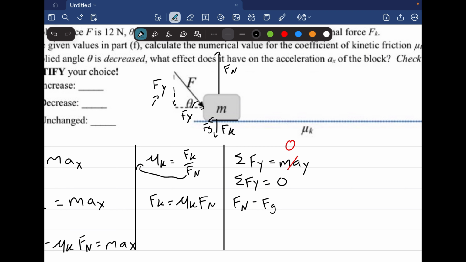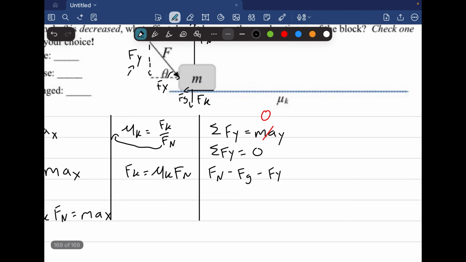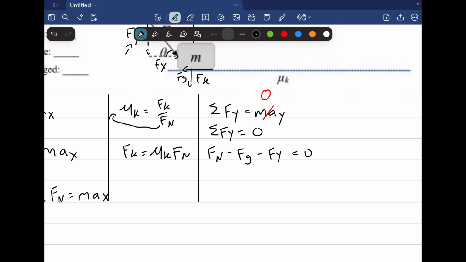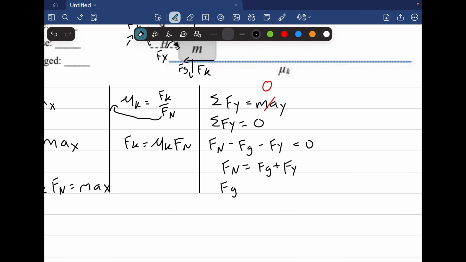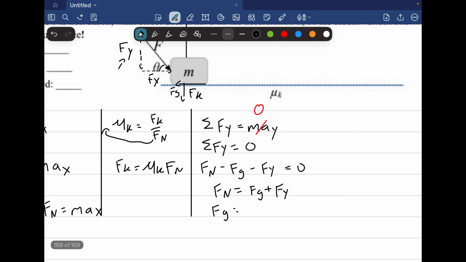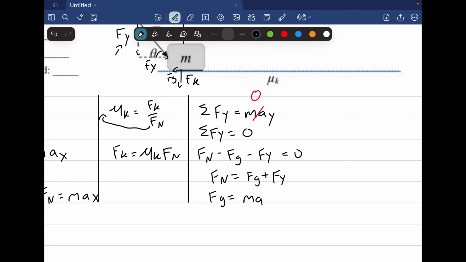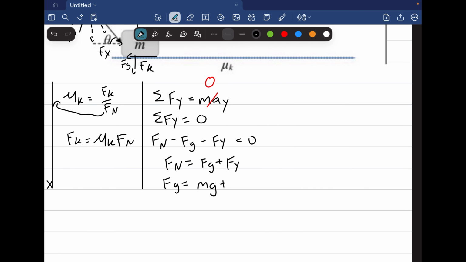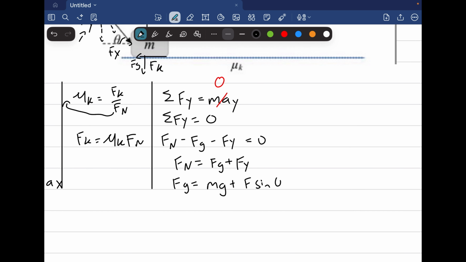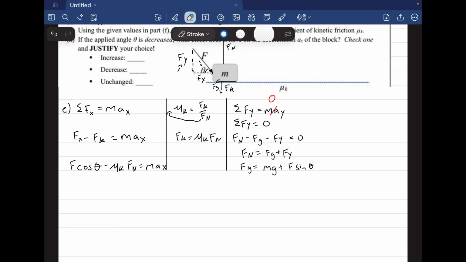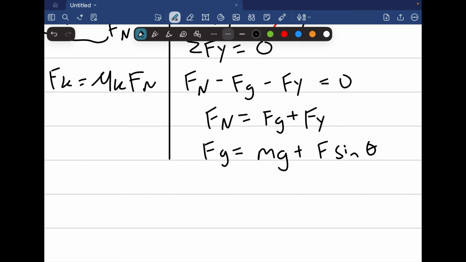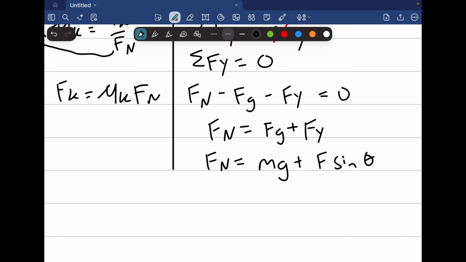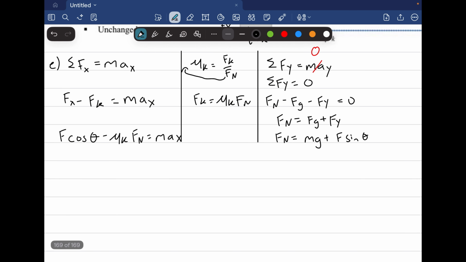Fn minus Fg minus Fy is equal to 0. Then I'll move everything over, just leaving me with Fn. Then I'll expand on it. So Fg is just the weight, which is mg, plus Fy right here, which is opposite from theta, so F sine theta. This is supposed to be Fn. Okay, so you get that equation. So now I'll plug it in.